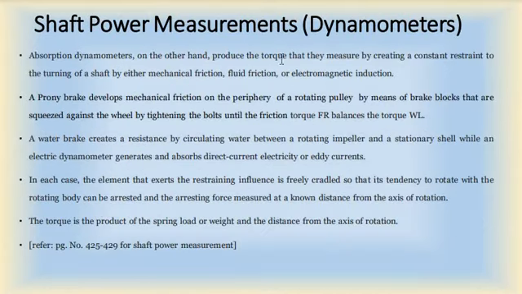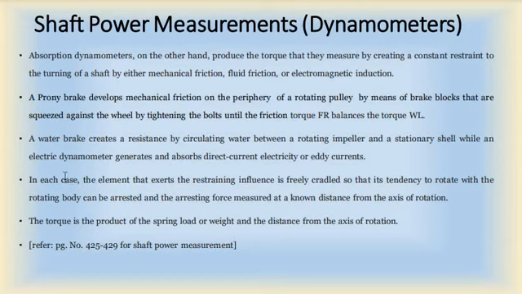Absorption dynamometers are the second type of dynamometer. They measure torque by creating a constant resistance to the turning of the shaft by either mechanical friction, fluid friction, or electromagnetic induction. An example for mechanical friction is the Prony brake, and an example for fluid friction is the water brake.